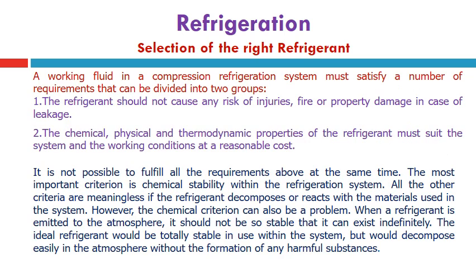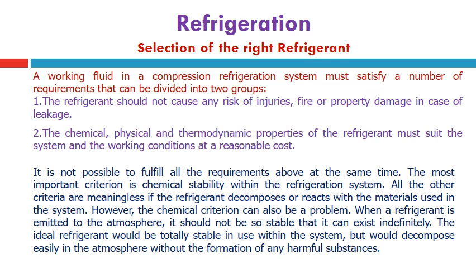A working fluid in a compression refrigeration system must satisfy a number of requirements that can be divided into two groups. First, the refrigerant should not cause any risk of injuries, fire, or property damage in case of leakage. Second, the chemical, physical, and thermodynamic properties of the refrigerant must suit the system and the working conditions at reasonable cost.